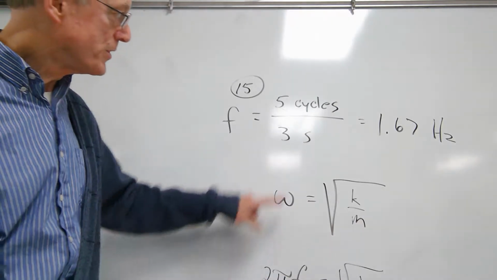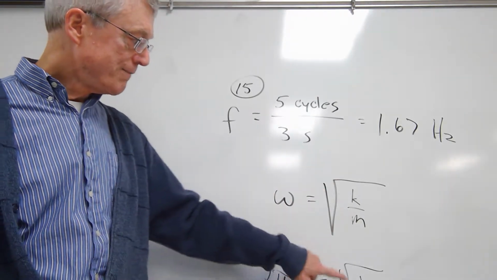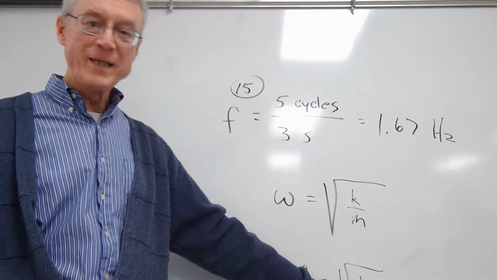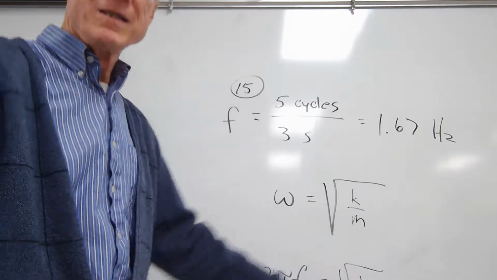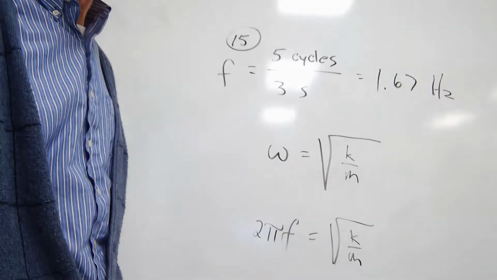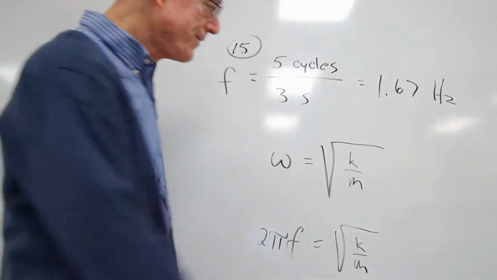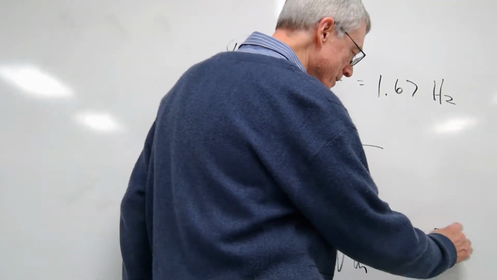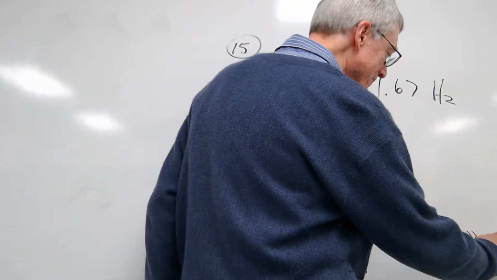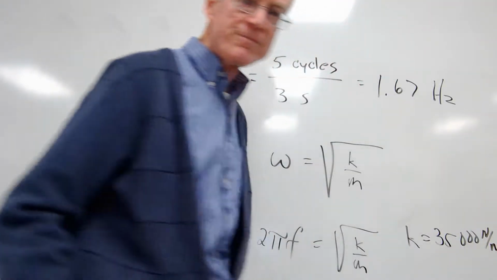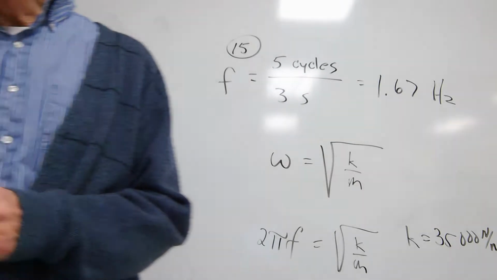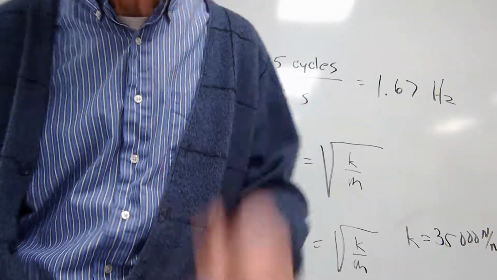Use 1.67 for f. Use 320 for the mass. Solve for k. If you do that, you'll get 35,000. The spring constant rounds off to 35,000 newtons per meter. All right. That is number 15.